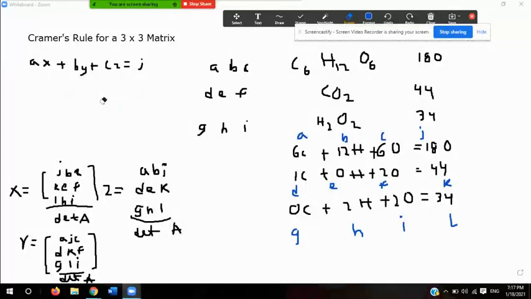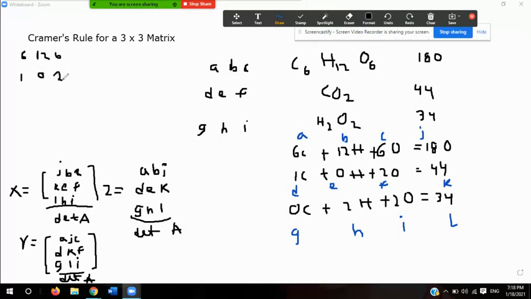Now, finding the determinant of a 3x3 matrix, we simply write that would be 6, 12, and 6. And then over 1, 0, and 2. And then 0, 2, and 2.